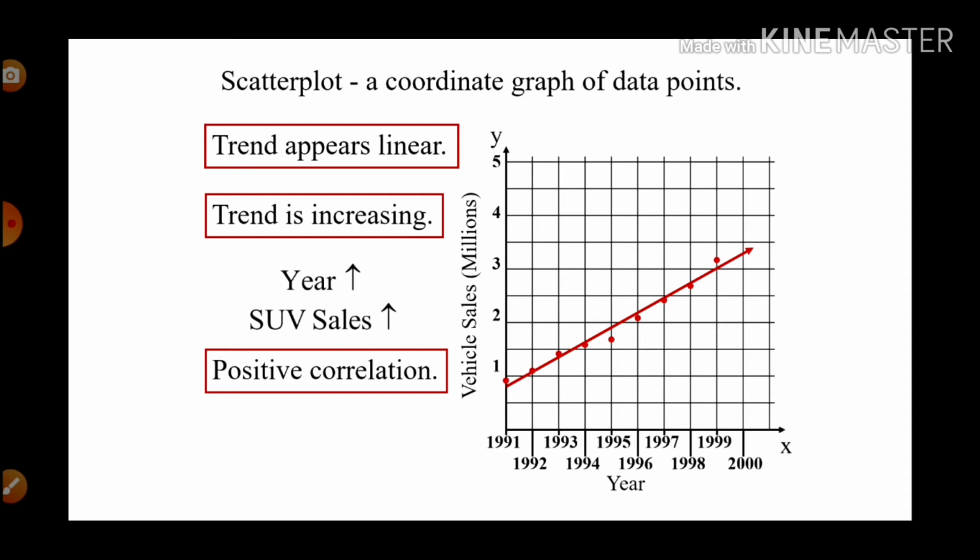So you need to answer every single thing that it's asking. It's a linear increasing trend with positive correlation. As the years go up, SUV sales also go up. Using this we can predict how much sales we will make in 2001 or 2002.